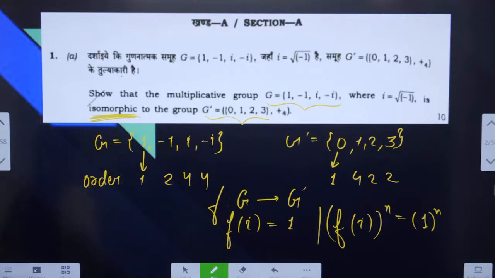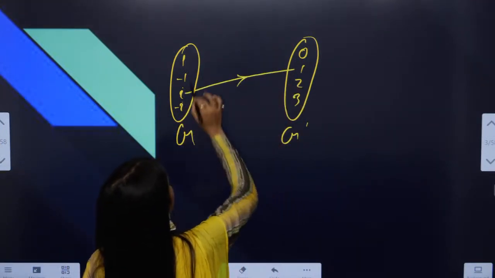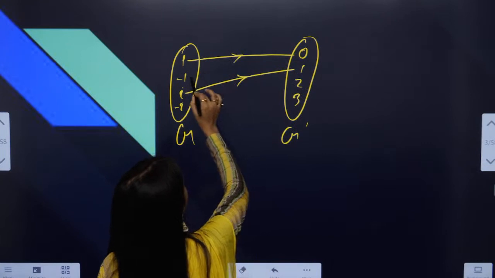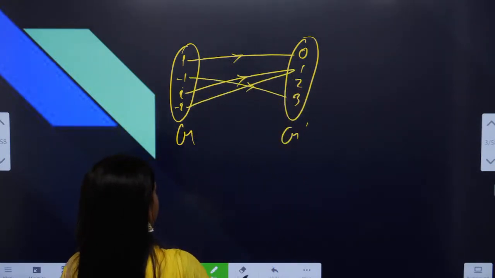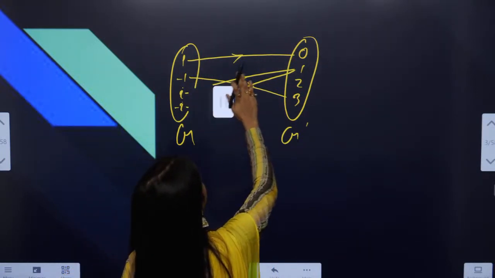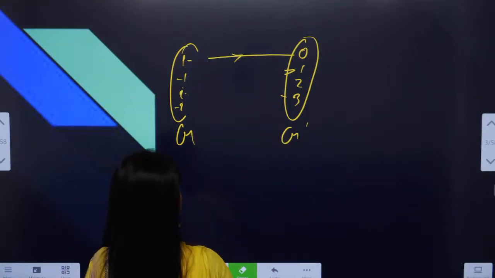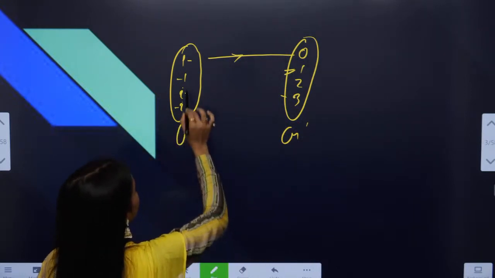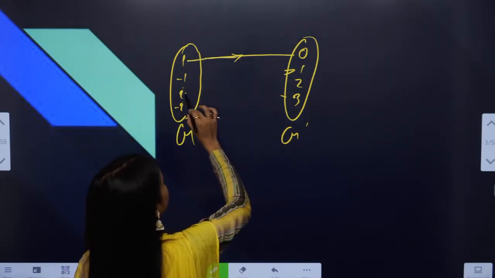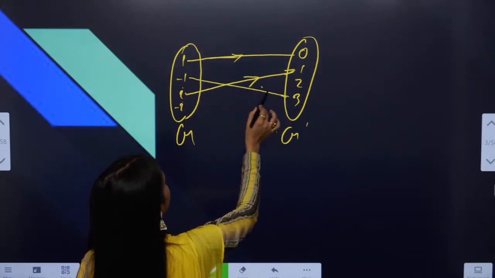So let it be iota to 1, identity with identity, and minus 1 to 2, right, 1 to 0, iota to 1, and then minus iota to 3.